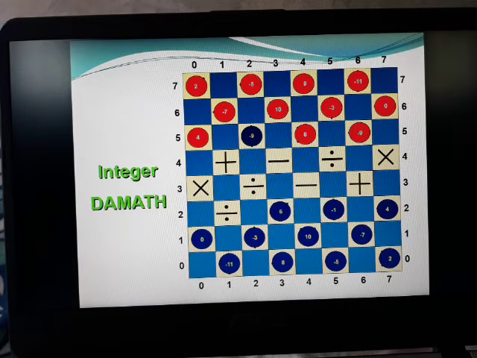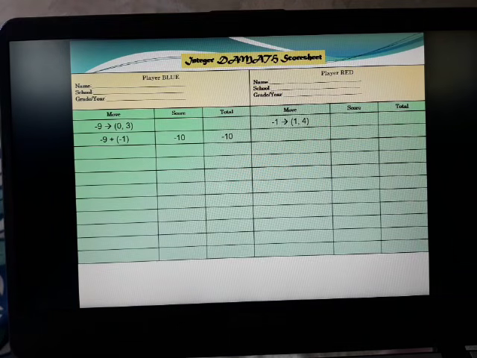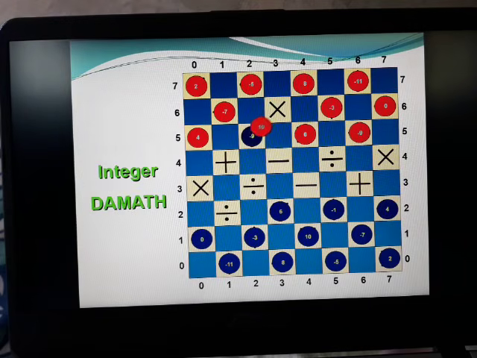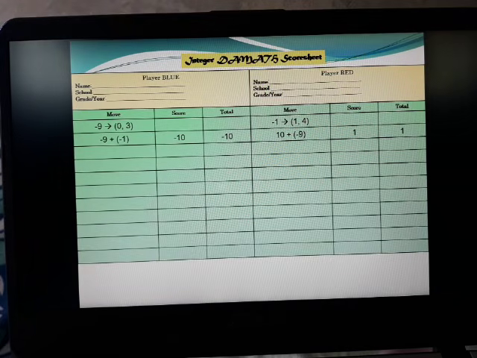So here, -9 plus -1, you have a score of 10, a total of -10. Then, after the blue one moved, the red one also moved. So it takes -9. So 10 plus -9, that is the score is 1, and then the total score is 1.